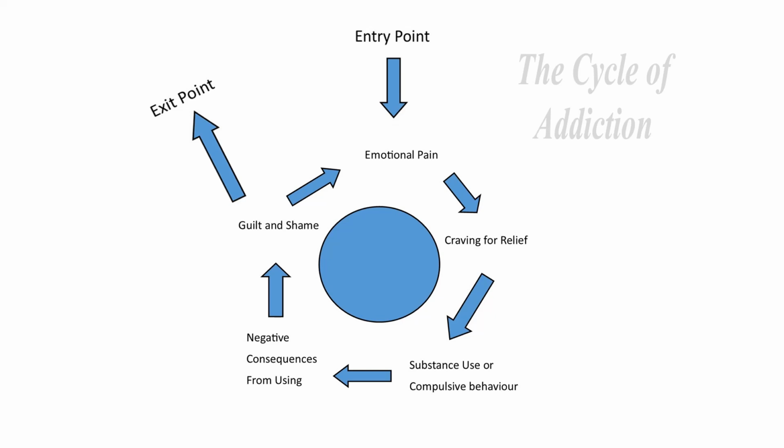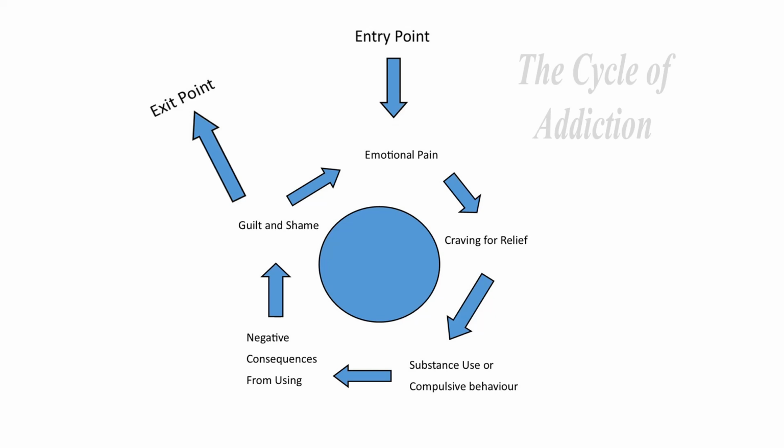And then from the negative consequences, a sense of guilt and shame, a form of emotional pain, leading to craving for relief, more using, more negative consequences. So you can see this is the original downward spiral.